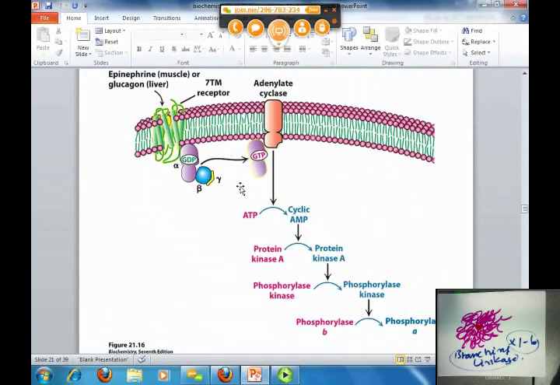And this is the G protein coupled receptors, where we can see the GTP to adenylate cyclase enzyme, and this is the signaling kinase reaction with the protein kinase, phosphorylase kinase, and phosphorylase B to A, and all these, which is activated by epinephrine in muscle and glucagon in liver. So both share this G protein coupled receptor, G protein.